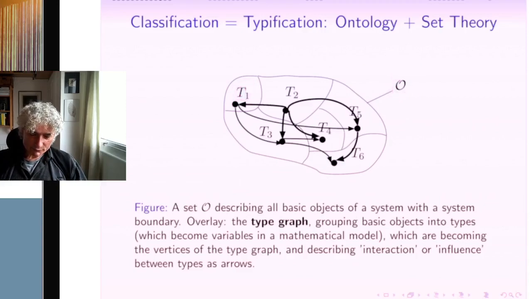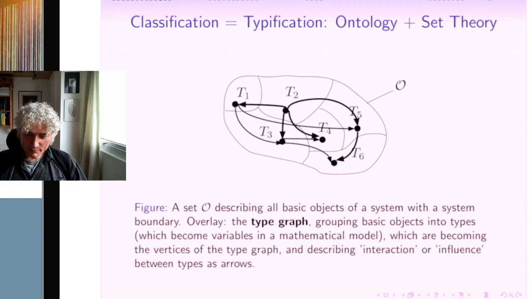And so you see this vertex here, for example, is representing all basic objects that are of type T1. So that means we have exactly this set theoretic relationship, so being an element of.